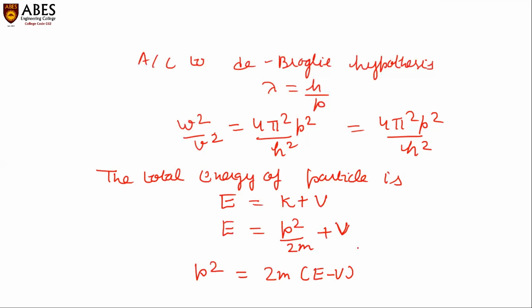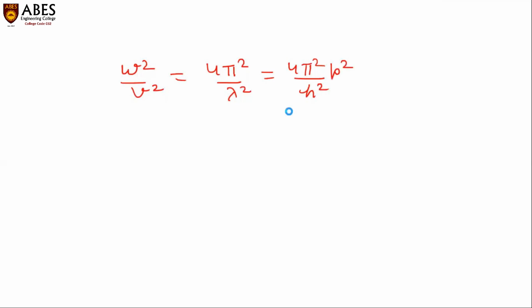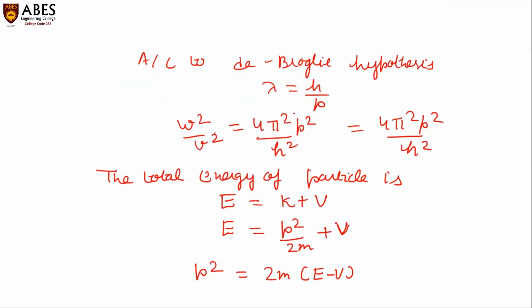Now, omega square over v square is equal to 4 pi square p square over h square. Now we know that p square is equal to 2m(E minus V).